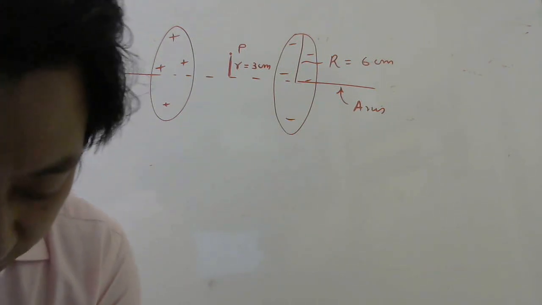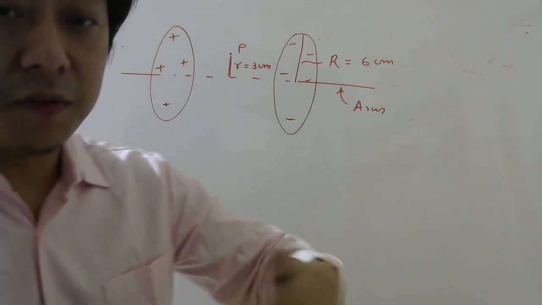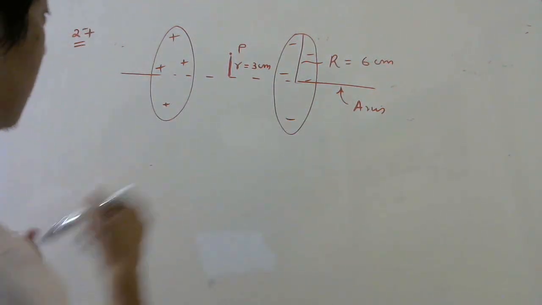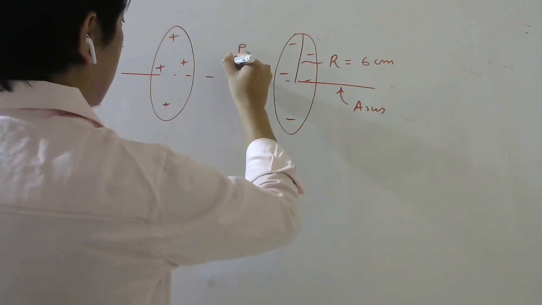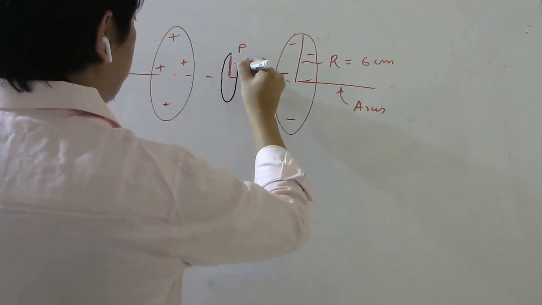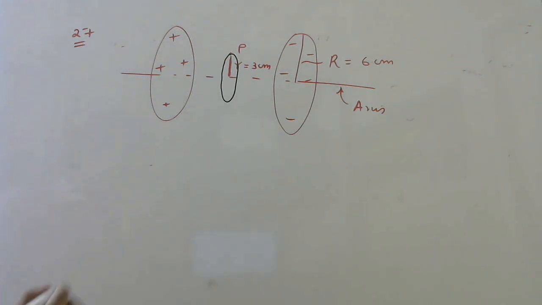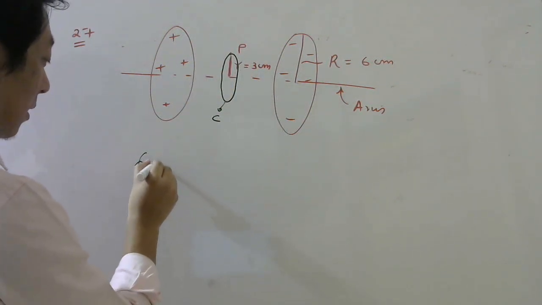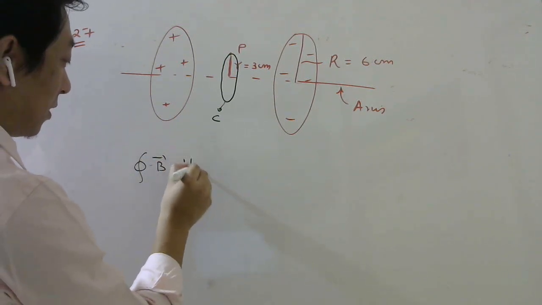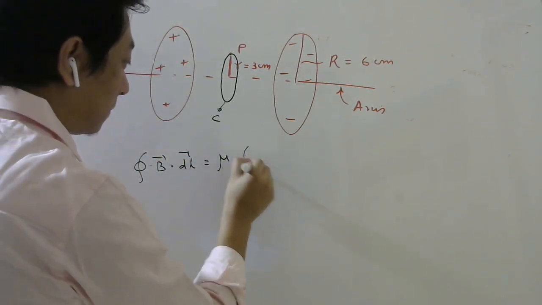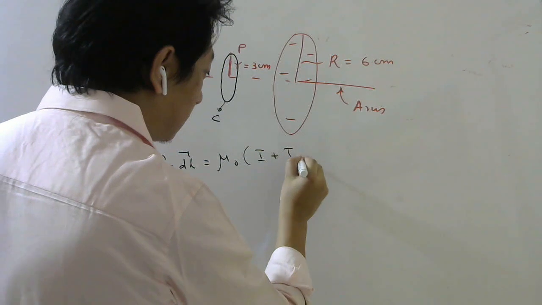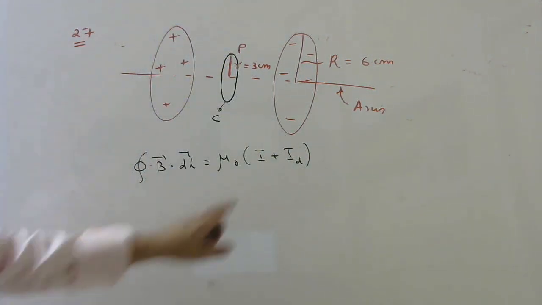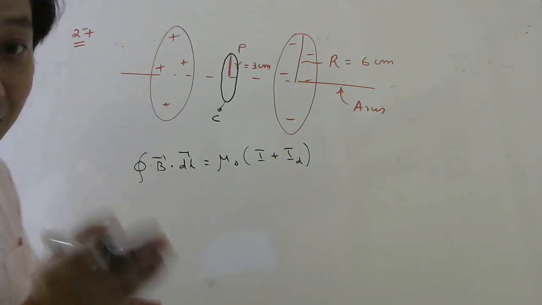Correct? So what we have to do? We have to apply modified Ampere circuital law. So first let me make an Amperean loop. For this loop, which I will call C, let me apply modified Ampere circuital law. But remember, this Id is not the Id which we calculated.